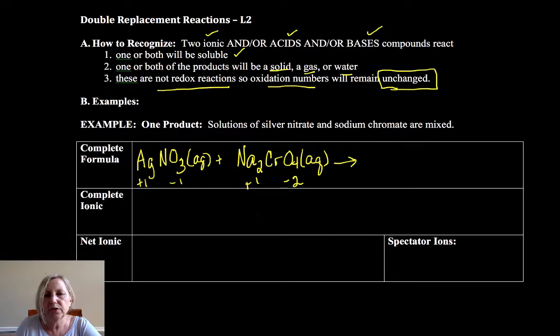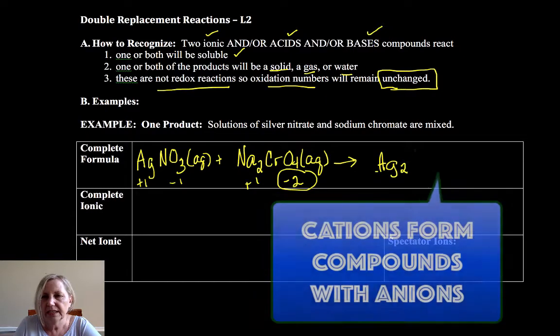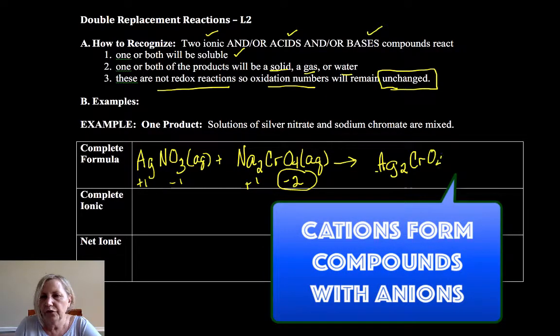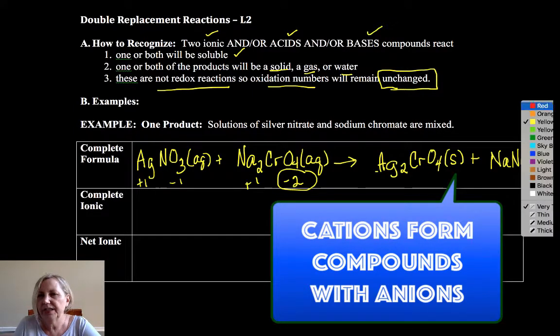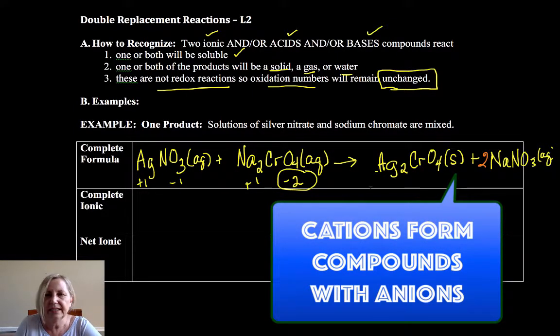The +1 silver is going to react with the -2 chromate, so I'm going to get silver chromate formed. Follow your formula writing rules, and that's a solid. And then I'm going to get sodium nitrate, and that's aqueous. And we do need to balance, don't forget that.